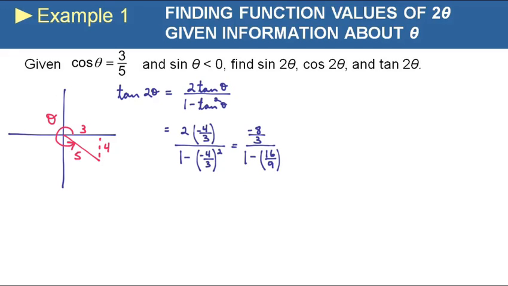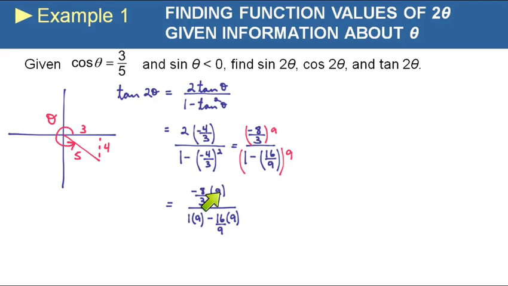So instead of doing this subtraction, I like to clear out the denominators. The common denominator of these two little denominators is 9. And that means I have to multiply the top and the bottom by 9. So in the top, we're going to get negative 8 times 9/3. Now you simplify first.